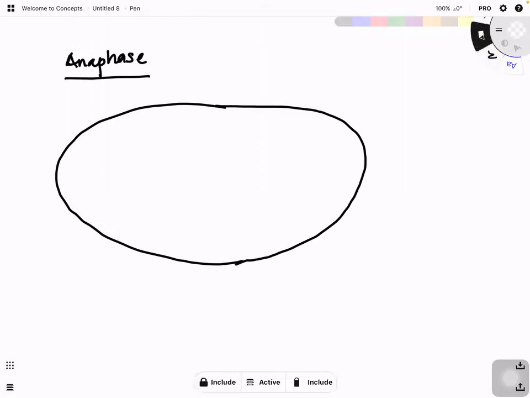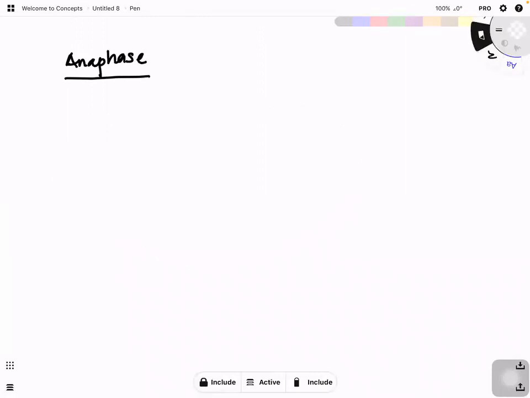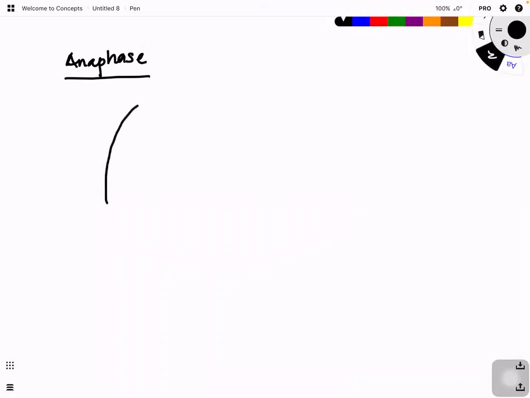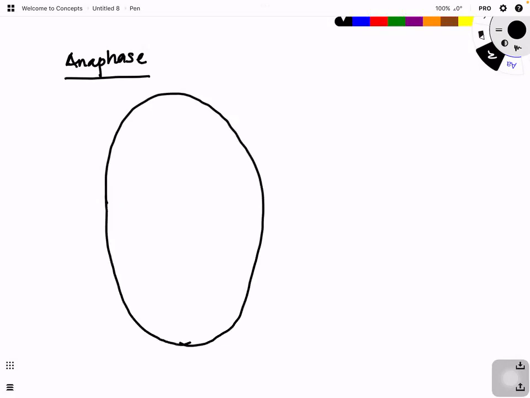Oops, sorry, wrong direction, it should be longer this way. My centriole or centrosome is still at the opposite pole. You can see that my chromosome now moves towards them. But we don't call this chromosome now.